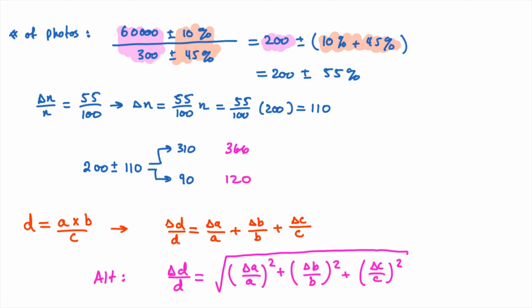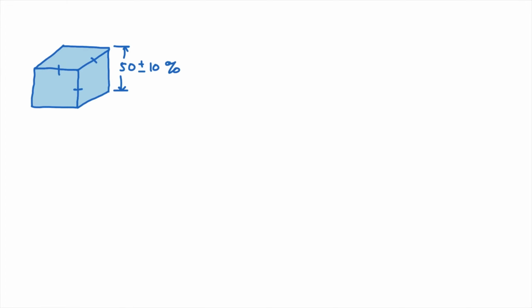Robo asks, what if you use exponents? Mr. S says, imagine you have a cube with measurements of 50 plus or minus 10%. The volume is length cubed. This is 50 cubed or 125,000 units cubed.